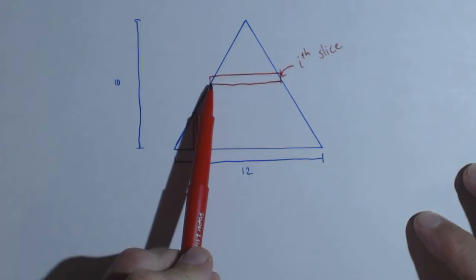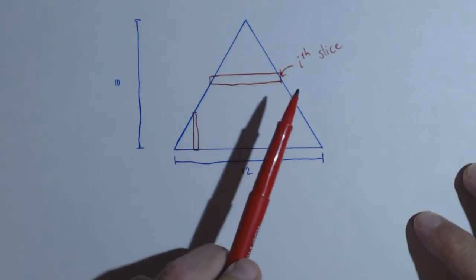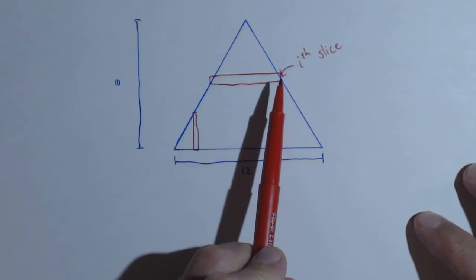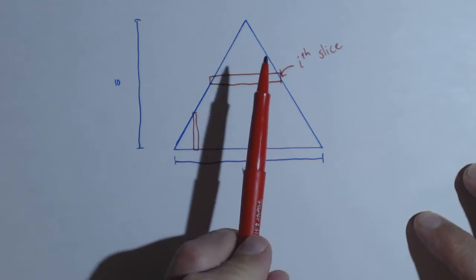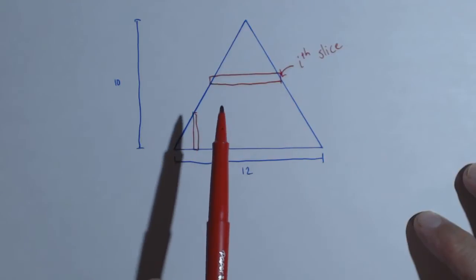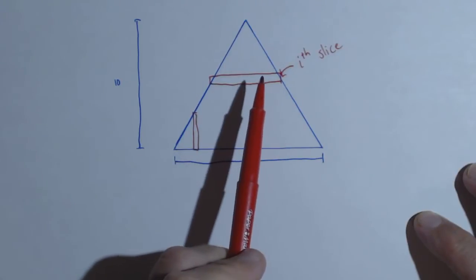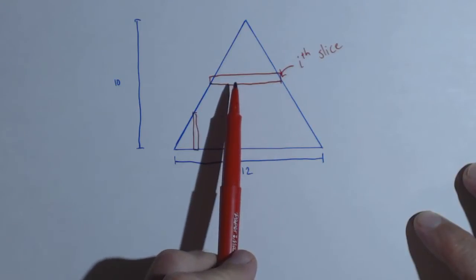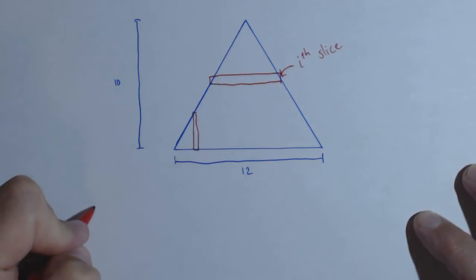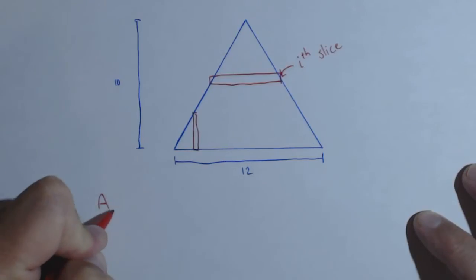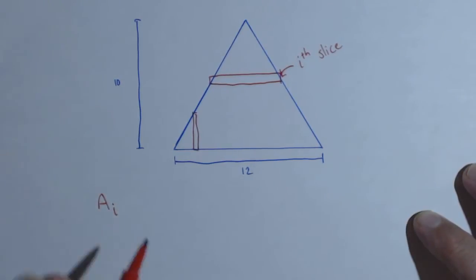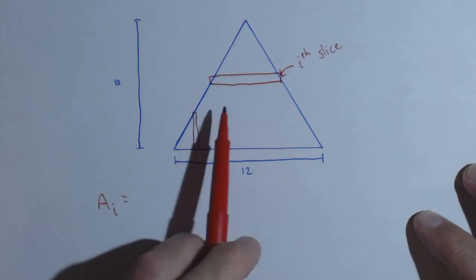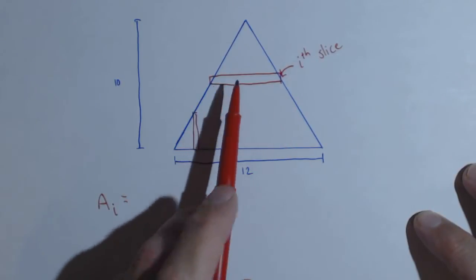I've picked the ith slice so small that I can assume that this side and this side are straight, as opposed to the angle, the incline that we see, or decline over here. The reason that we do that is I want this to be a rectangle. So when I go to do the area of the ith slice, it's just a rectangle, whatever its base is times its height.